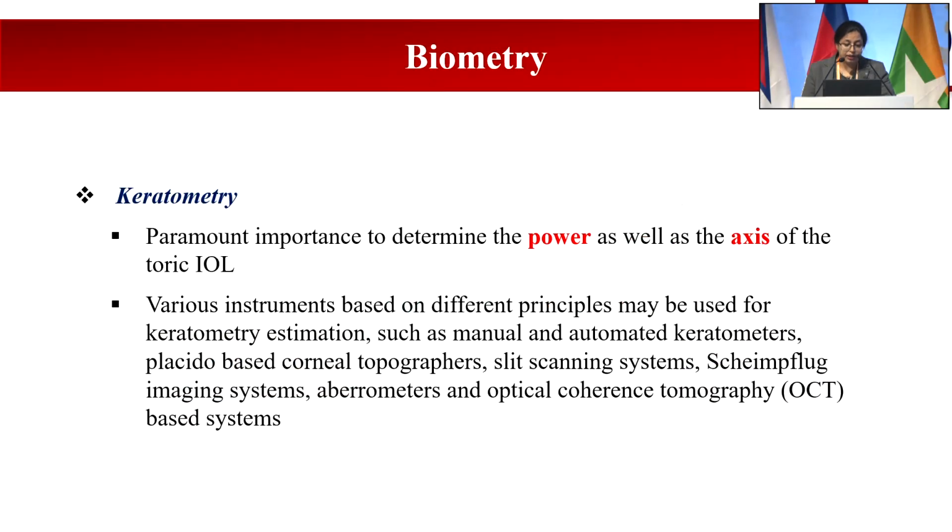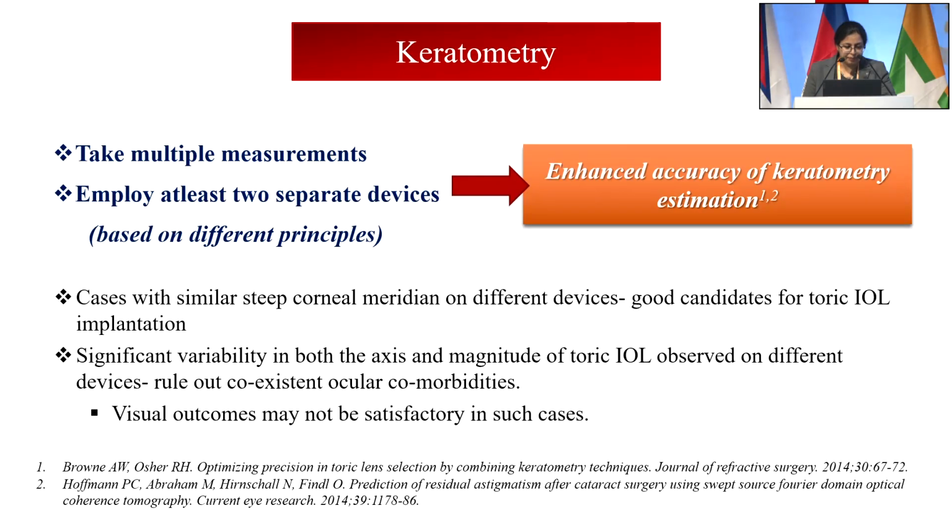Keratometry: you have to determine the power as well as the axis of a toric IOL. Various instruments based on different principles may be used, such as manual and automated keratometers, placido-based topographers, slit scanning systems, Scheimpflug systems, aberrometry, and OCT-based systems. More important than which device you invest in is to take multiple measurements and ensure that they are reliable and repeatable.